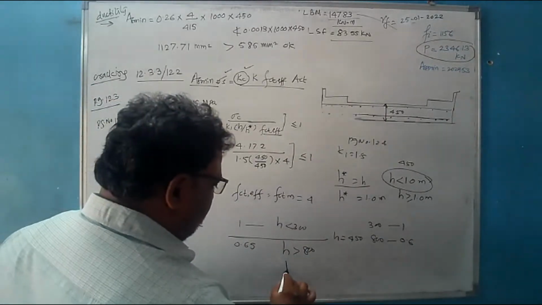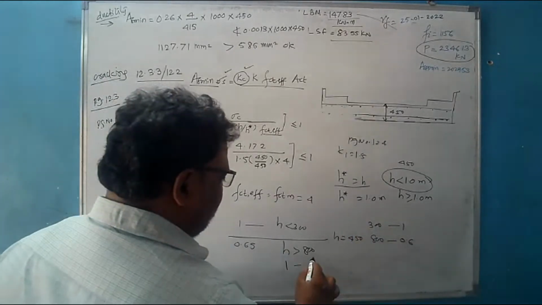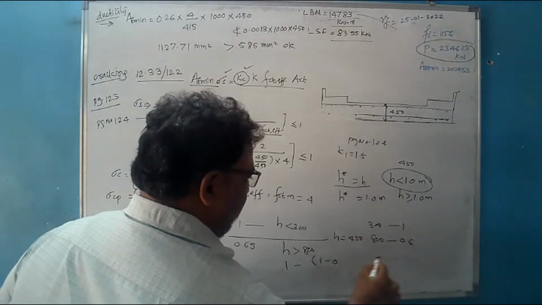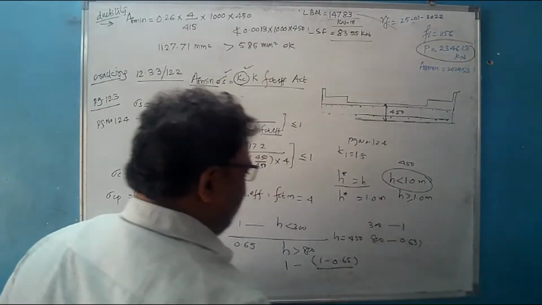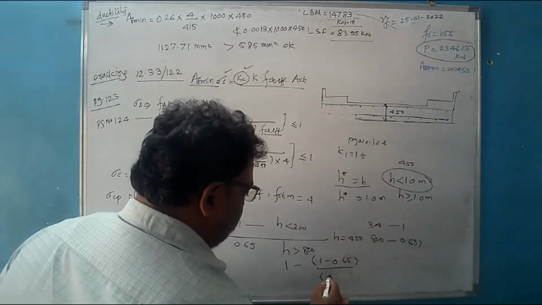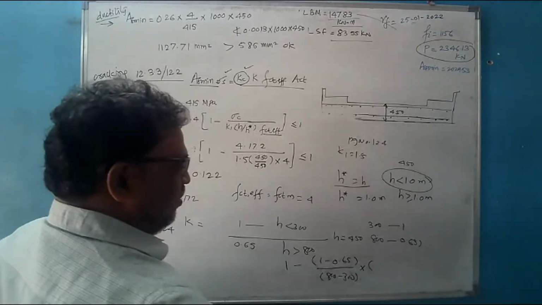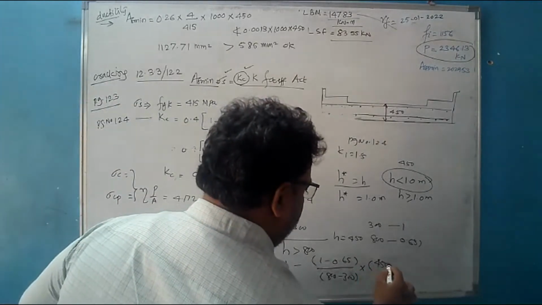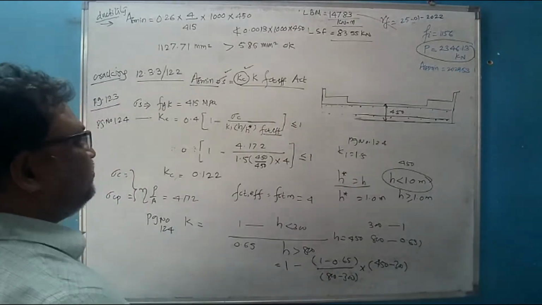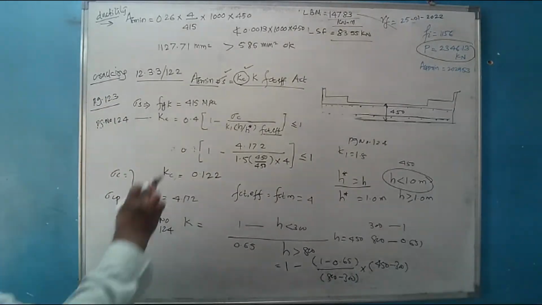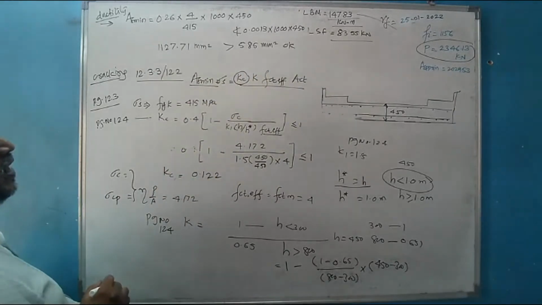So it is 1 minus, 300 को मैंने रेफरेंस लिया है, क्या रहेगा? This will be 1 minus 0.65 divided by the difference of these two, 800 minus 300, multiplied by 450 minus 300. Get the value of k. सिग्मा एस का वैल्यू कितना मिल गया है अभी हमको?